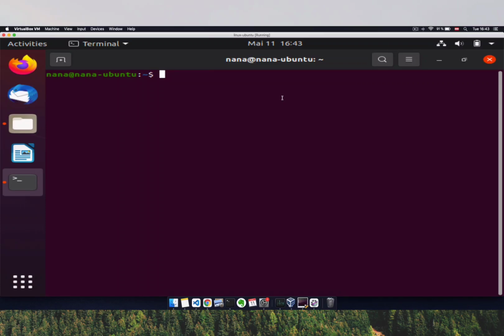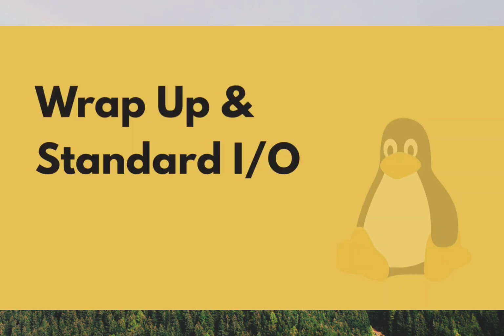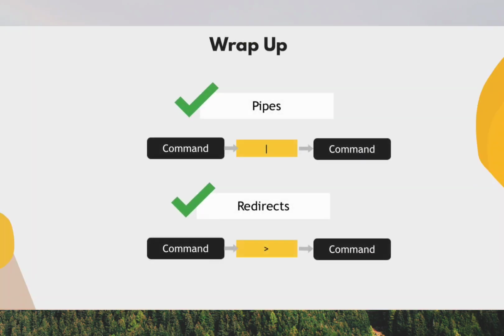So you can grab all these logs, filter them, and save them into a file, and you can either back them up or share with someone for troubleshooting, etc. So these are some of the use cases of using piping and redirecting concepts in Linux to combine multiple command executions and do something useful with it. So you run one command or one program and then pipe or redirect the output from that command into another and then another and so on.